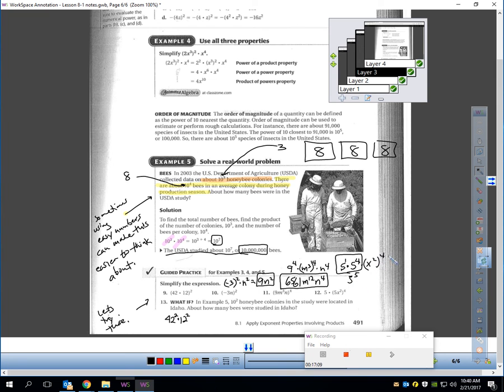Over here, power of a power, I multiply, x to the 8th. And I ought to simplify this. I don't want to keep it as 5 to the 5th. So I'm putting 5 to the 5th in my calculator, and I'm getting 3,125, and then x to the 8th, okay?